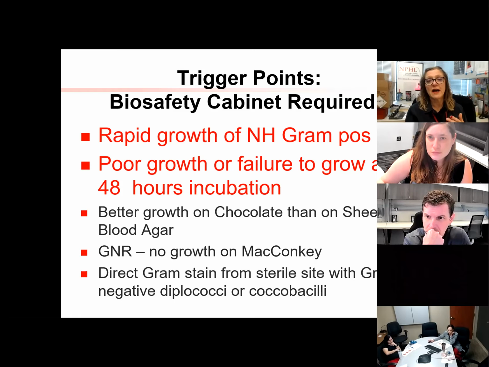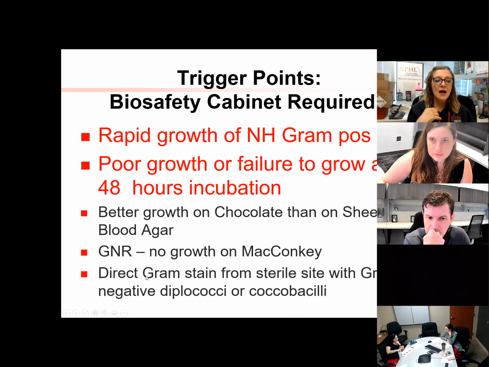Don't put it on your Vitek or anything like that in the open laboratory. First, go in and do the LRN protocol. If you're able to rule it out by doing just a few biochemicals, then you can feel confident in putting it on our automated systems.